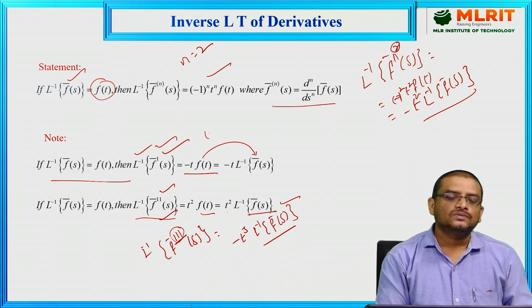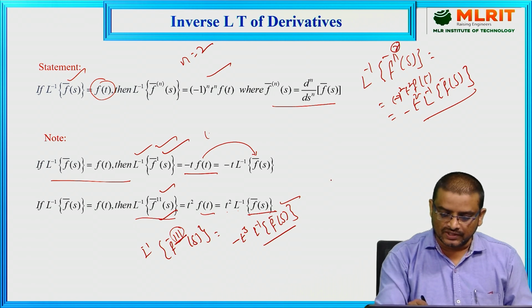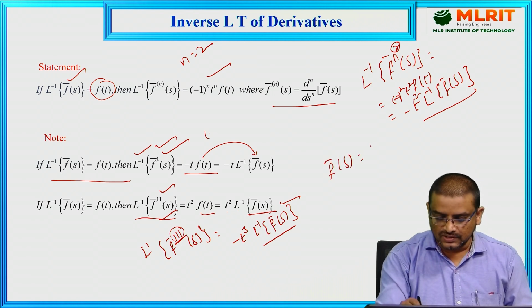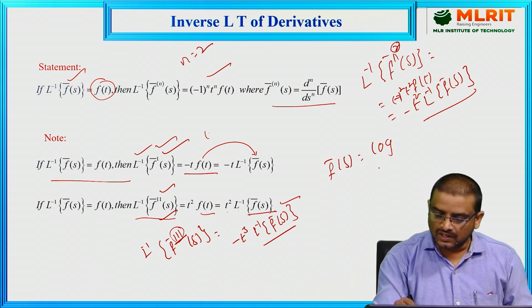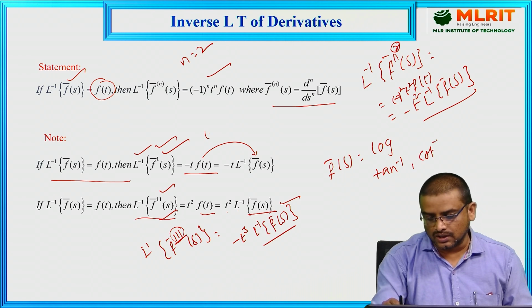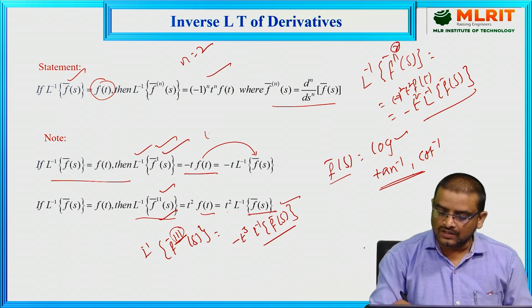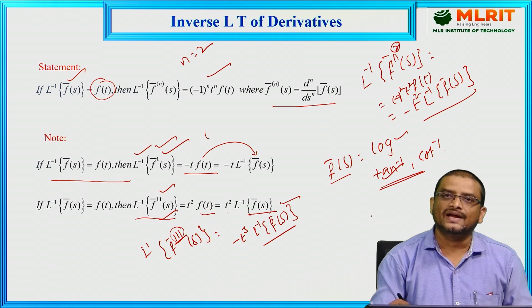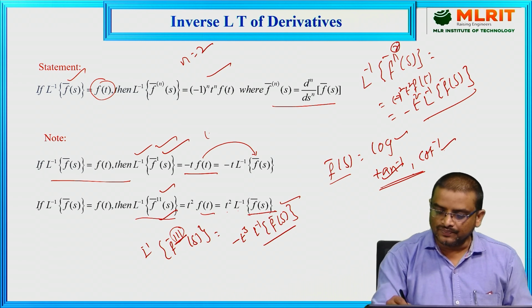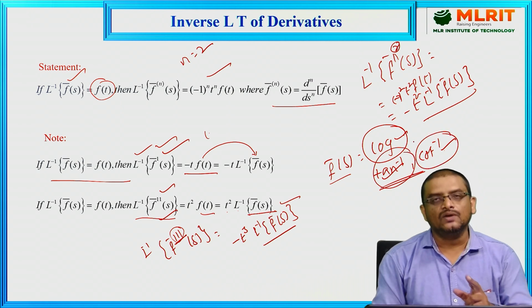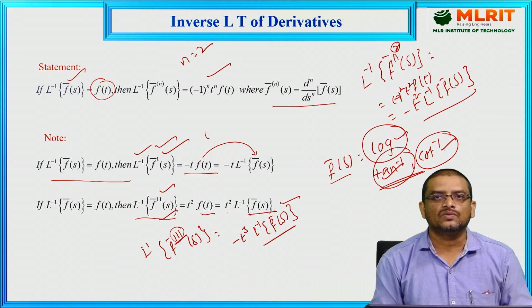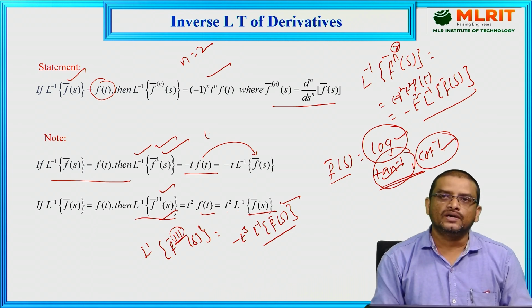Whenever the given f bar of s is in terms of a logarithmic function, or in terms of inverse trigonometric functions like tan inverse or cot inverse, then if you want to find the inverse Laplace transform for these functions, we can take the help of the inverse Laplace transform of derivatives. That is the important thing we have to remember.